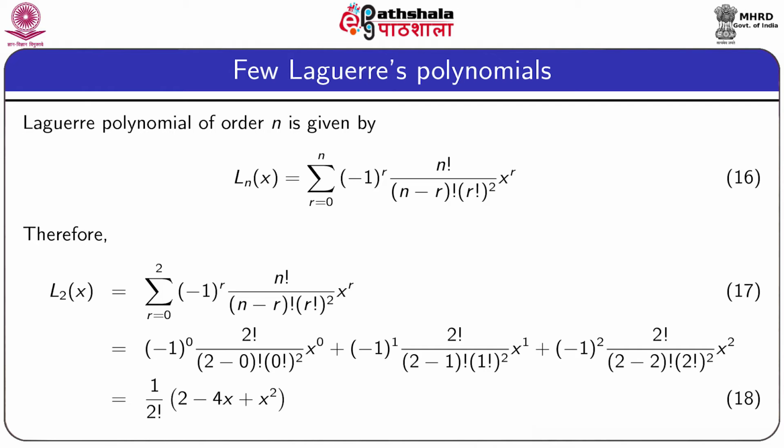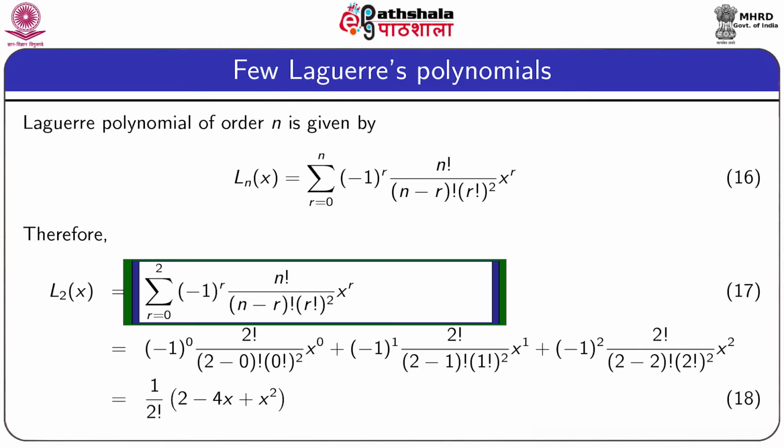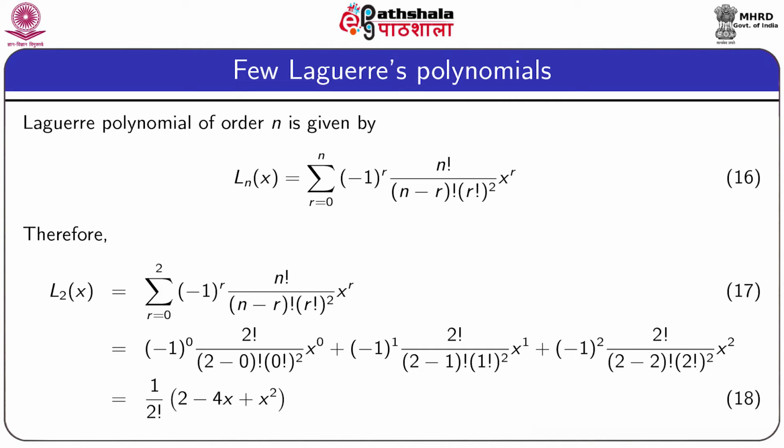To calculate the Laguerre polynomial for n equal to 2, we substitute n equal to 2 in expression 16, and if you do that, you will get equation 17, given by the summation r equal to 0 to 2 of (-1)^r · n! divided by ((n - r)!)^2 · x^r.